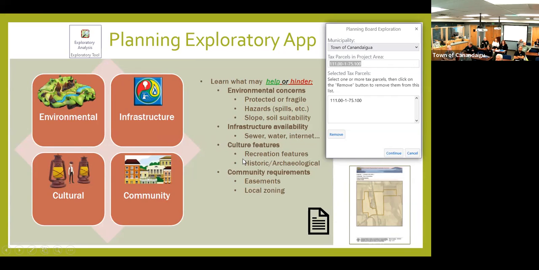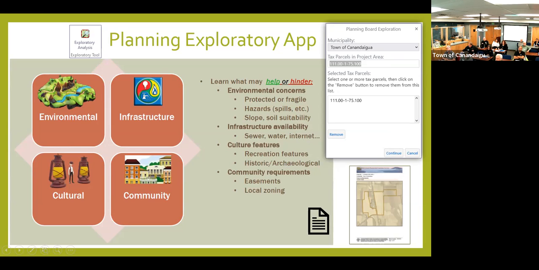you can pick one or more parcels that might be part of a project area, and this is open for the public, as well as for any staff that you might have in mind. And it creates a really large report with lots of maps, lots of analysis behind the scenes.